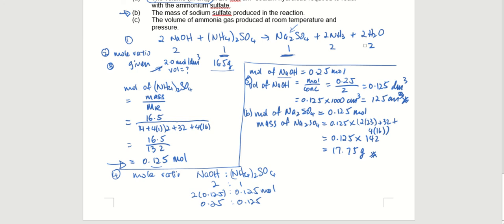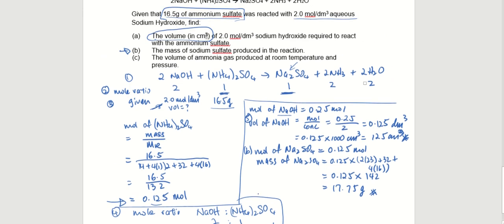Okay, so you can see that I've been following the steps very closely. If I had done steps 1 to 4 correctly, step 5 will be a breeze. So now that we've solved A and B, let us do C. The volume of ammonia gas produced at room temperature and pressure.